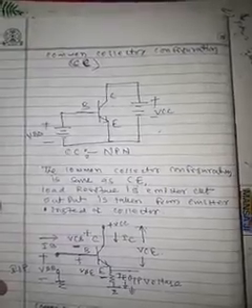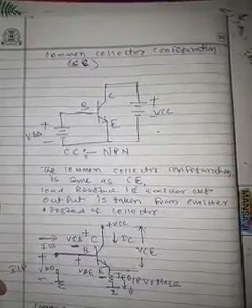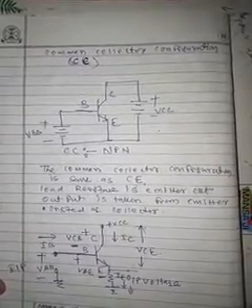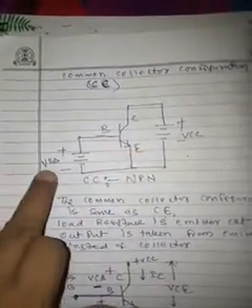Now coming to the third configuration, called the common collector configuration. Here you can observe the circuit for the common collector configuration for NPN. This is NPN because the arrow is outside. Here we have VBB plus minus, base, collector, emitter, VCC plus minus.